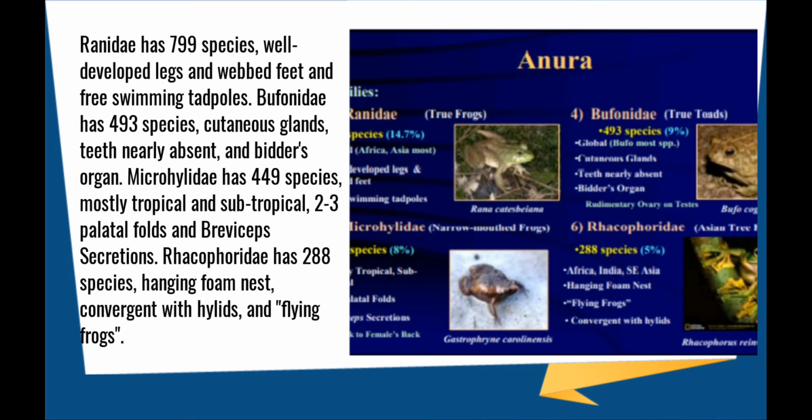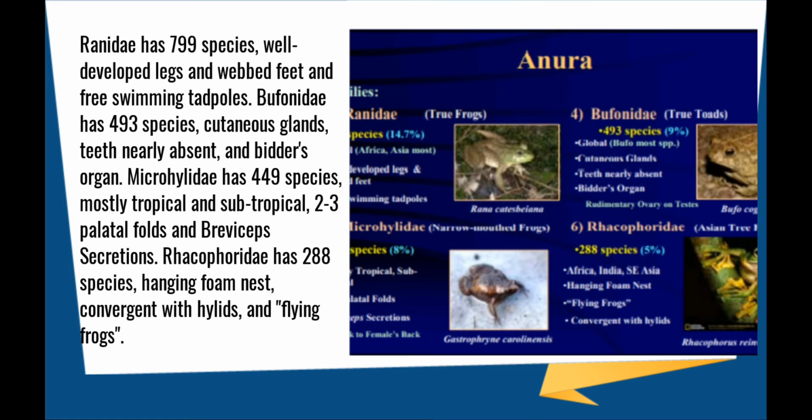Ranidae has 799 species, with well-developed legs and webbed feet, and they also have free-swimming tadpoles. Bufonidae has 493 species, with cutaneous glands, nearly absent teeth, and Bidder's organ. The Microhylidae has 449 species, mostly tropical and subtropical, with 2 to 3 palatal folds and Breviceps secretions, while the Rhacophoridae has 288 species, and their foam nest is hanging.